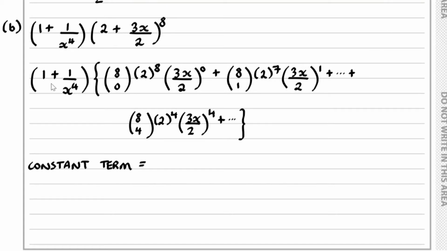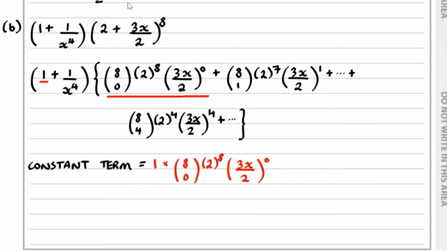The constant term: we've got 1 multiplied by the result here, so 1 multiplied by 8 choose 0, 2 to the power of 8, multiplied by (3x over 2) to the power of 0, and what else gives a constant term will be the 1 over x to the 4 multiplied by this here.